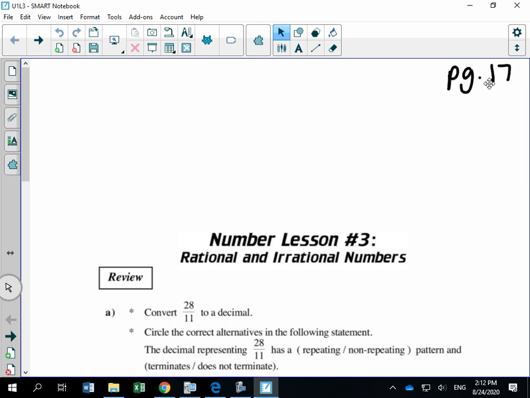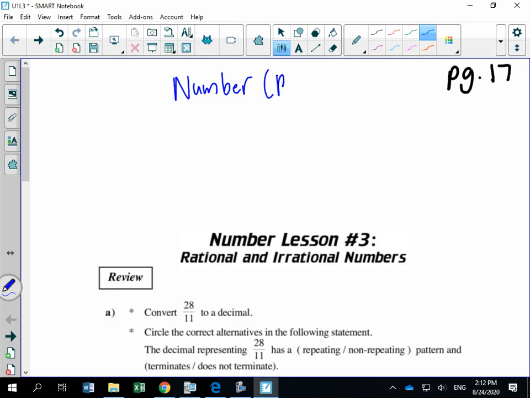So I'm going to give you a small bit of notes, and I want you to write at the top of your page on page 17. If I throw any number at you, all numbers that exist in our course, like in Math 10, Math 20-1, 30-1, we call them real numbers.